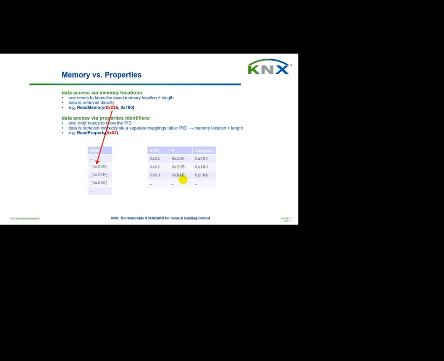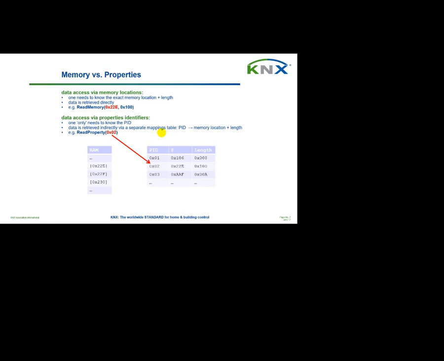So instead of read memory, where we directly read into RAM for example, and need to know which memory location and how many octets we want to read, if we do it via a property, the read property service will use the identifier of the property to find out where this is located in memory and how long this memory block is.